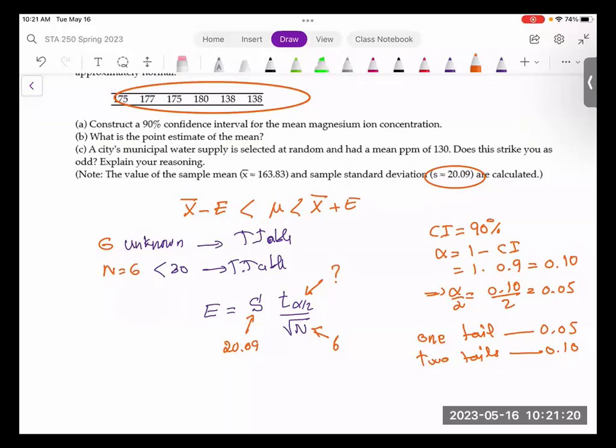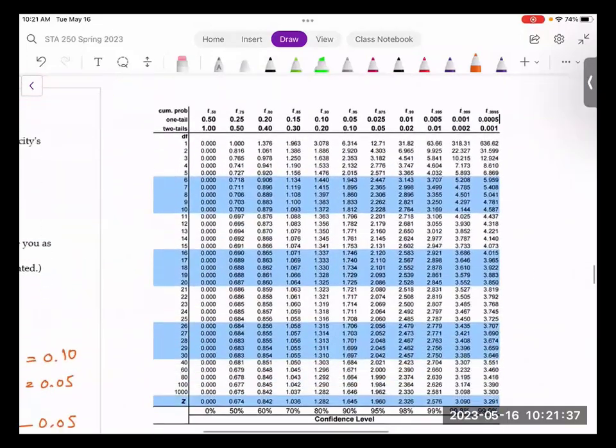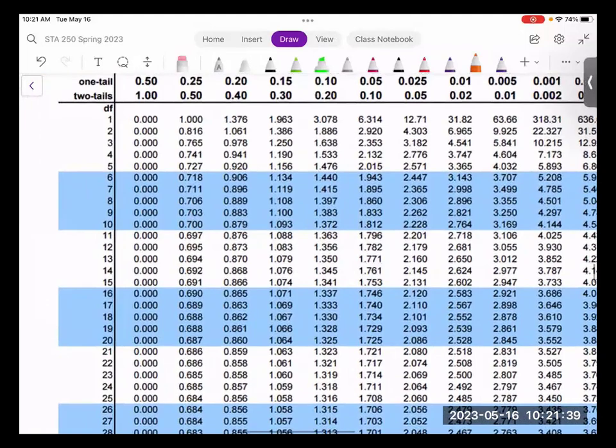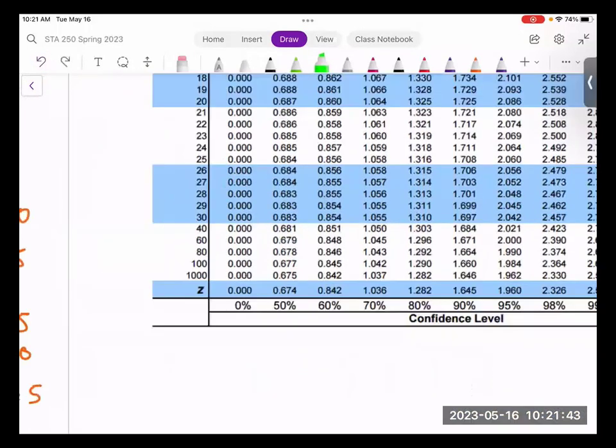Now you need another thing for the T table, you need degree of freedom. So what is degree of freedom? It is n minus 1, right? And what is n minus 1? That's going to be 6 minus 1, and that's 5. So you're going to be on degree 5. We good? Now you're going to go to the T table. This is your T table. Remember, you are at degree 5.